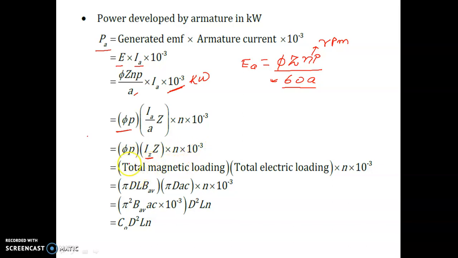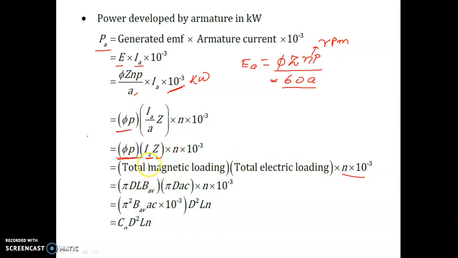The first term is called total magnetic loading. Then the second term is total electric loading. This is electrical current multiplied by Z. So this is called total electrical loading into n into 10 to the power minus 3.